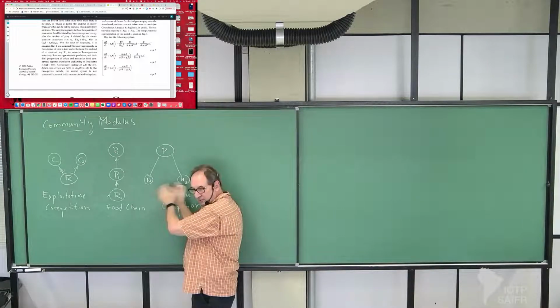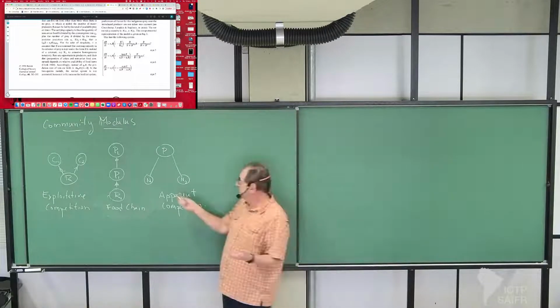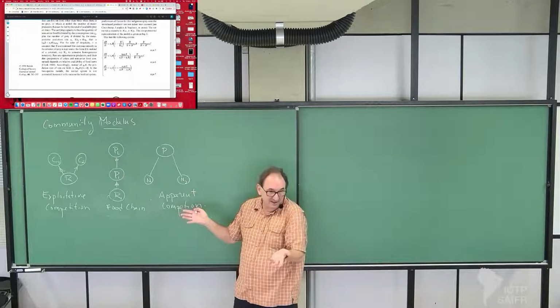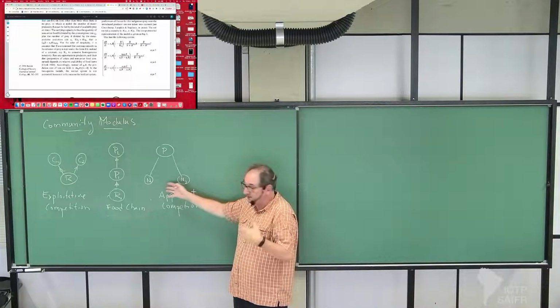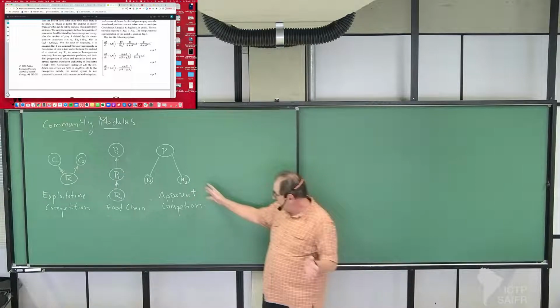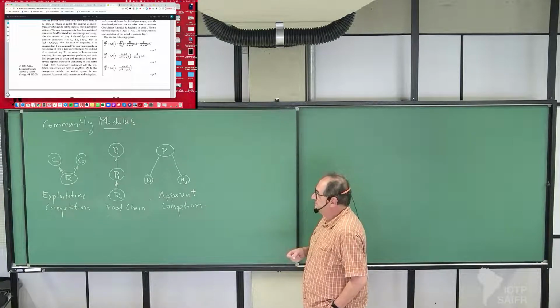There can be preference, but not to such a point that the predator would not prey on N2. In fact, as the number of predators increases, there will be more predation on this guy, even if it had some preference. So in extreme cases maybe this could not work, but in principle, yes, what you have is an apparent competition, and you see this sometimes in nature. I will give you an example, I don't know if today or on Friday.